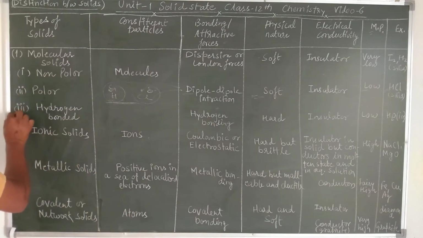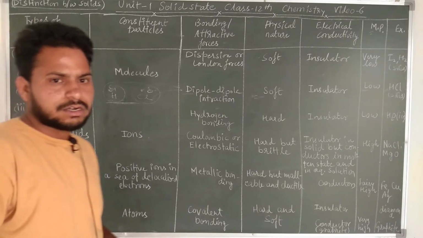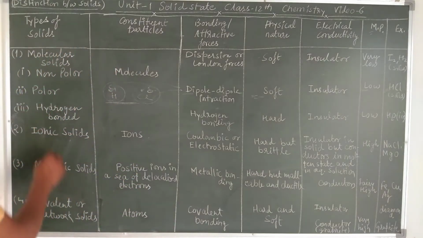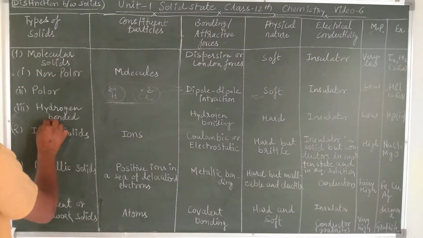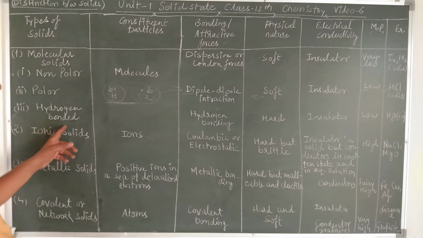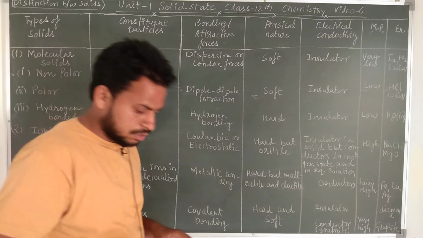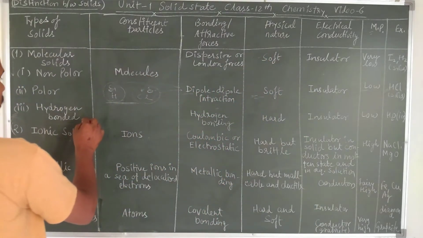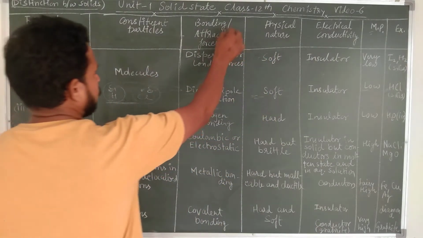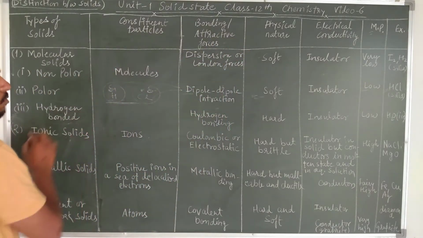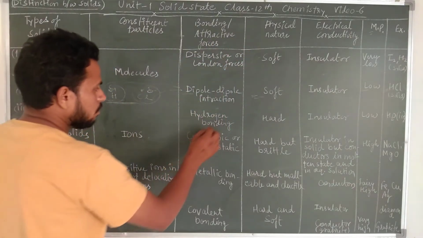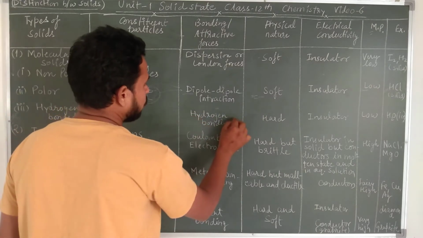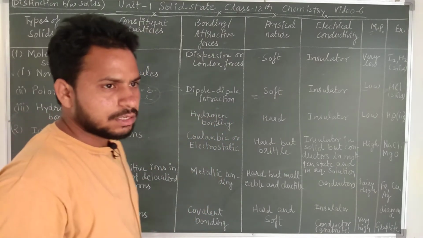If we talk about hydrogen bonded molecular solids, this is the third type of molecular solids in our series. In hydrogen bonded solids, the constituent particles are also molecules, and the attractive force is hydrogen bonding.